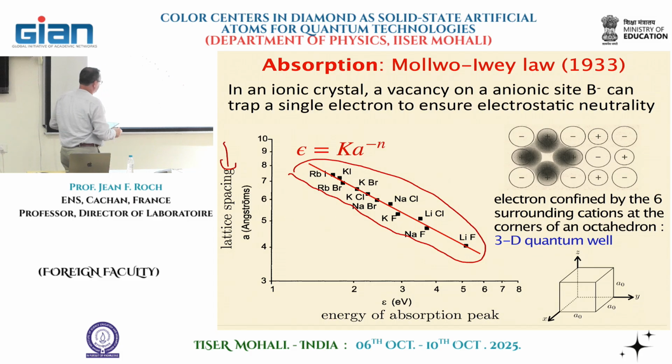And so the absorption wavelength gets smaller, or the energy increases, as the lattice spacing decreases. Just because, for the electron trapped in this box of dimension a, if you reduce the dimension a, the energy difference between the energy levels will increase, and it's exactly that kind of trend that you see. Now, does it work quantitatively?